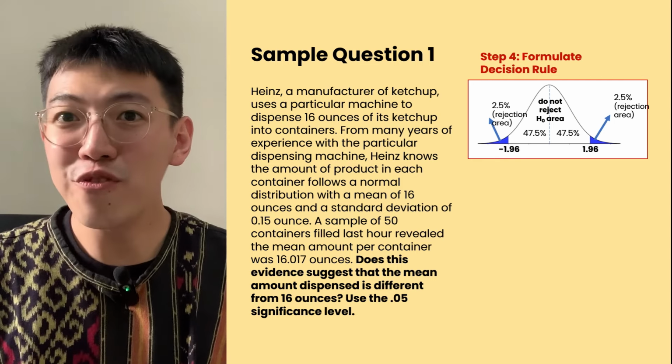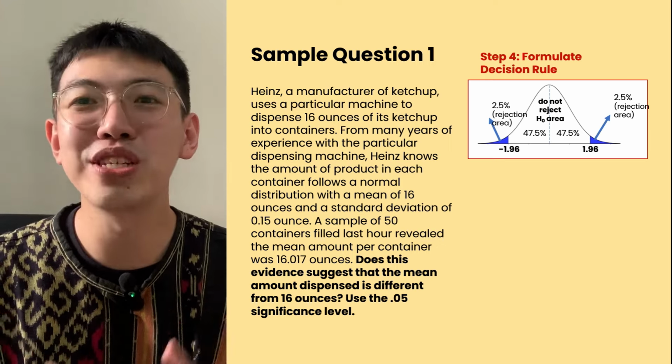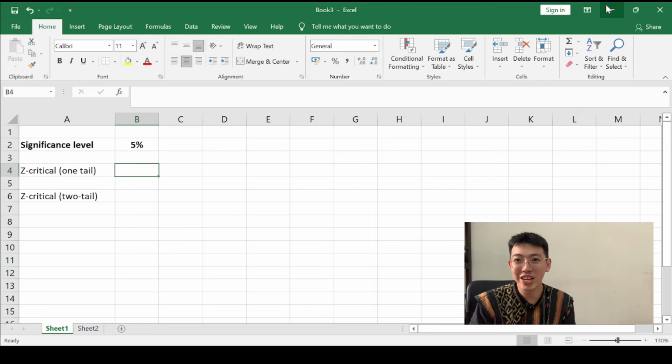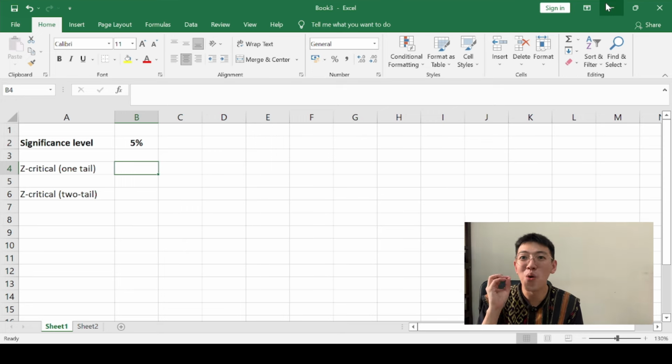We can also find the Z critical using Microsoft Excel. So this is how to calculate the Z critical using Microsoft Excel. In this case, we use a two-tailed test, but I will give you information on how to find the Z critical for both one-tailed and two-tailed tests.